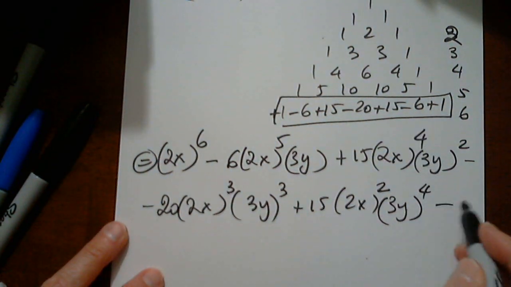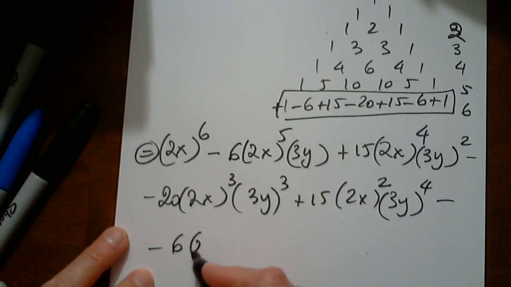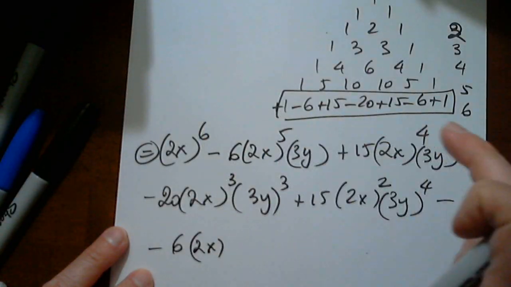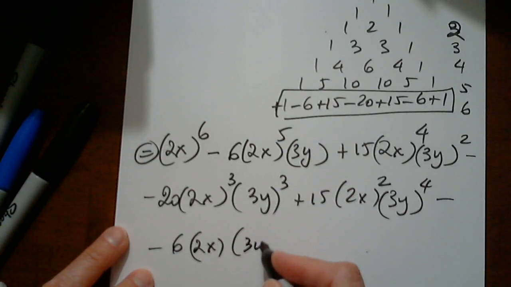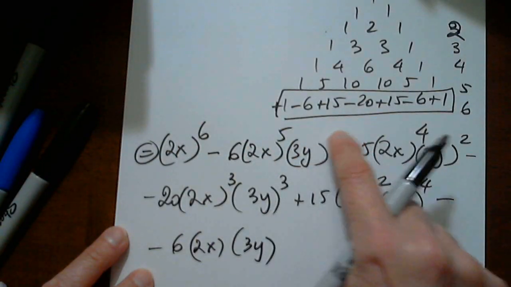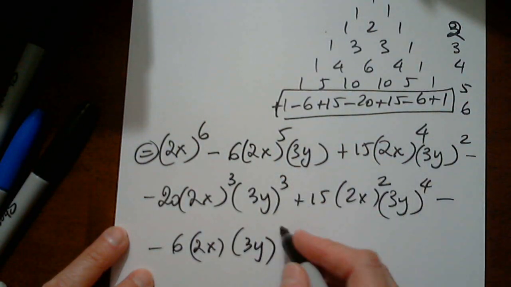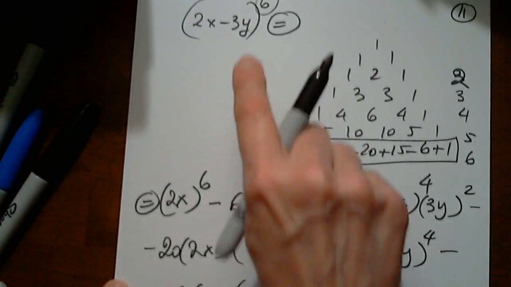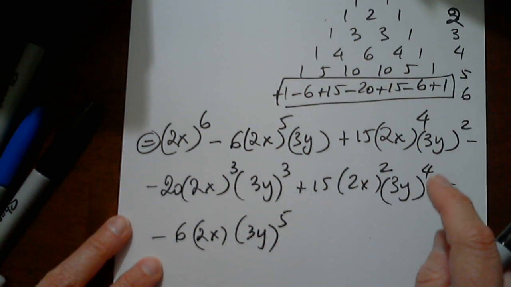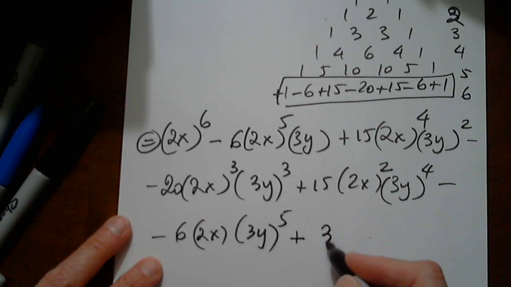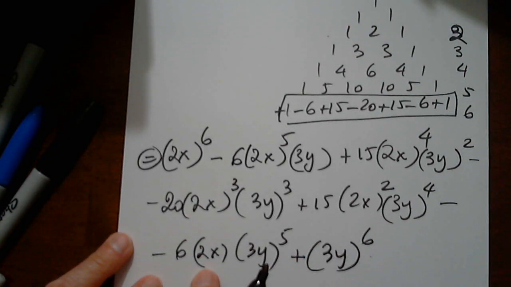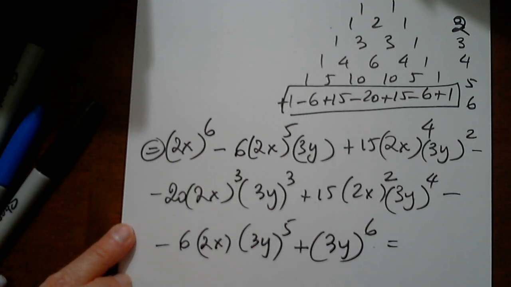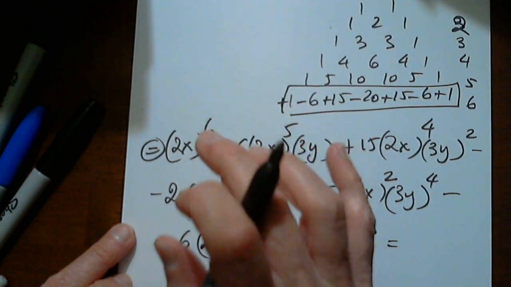I'm here with minus 6. 2x from 6 to 5 to 4 to 3 to 2 to 1. Now 3y from nothing to 1 to 2 to 3 to 4 to 5. 1 plus 5 is 6. Final one, plus 3y to power 6. There is no 2x anymore. So now 2 to the 6th times x.